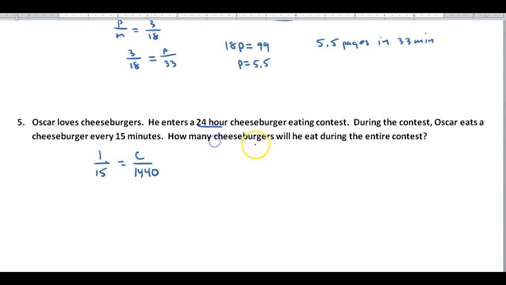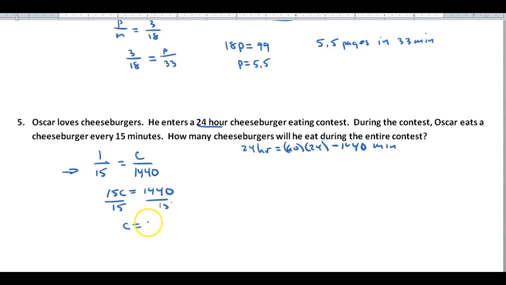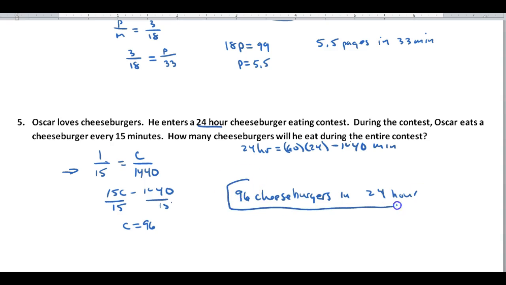These units should match up. So 15C equals 1,440. When I divide by 15, the number of cheeseburgers would end up being 96. So 96 cheeseburgers in 24 hours. That can't be healthy, can it?